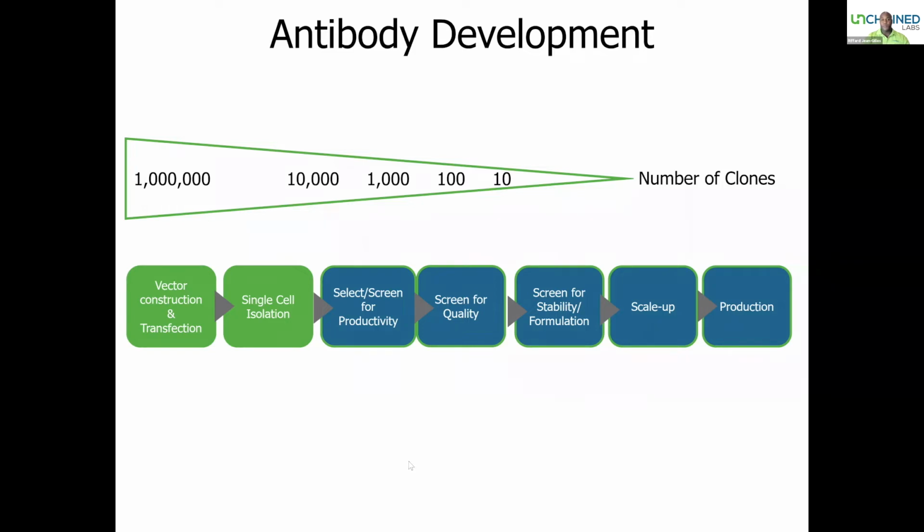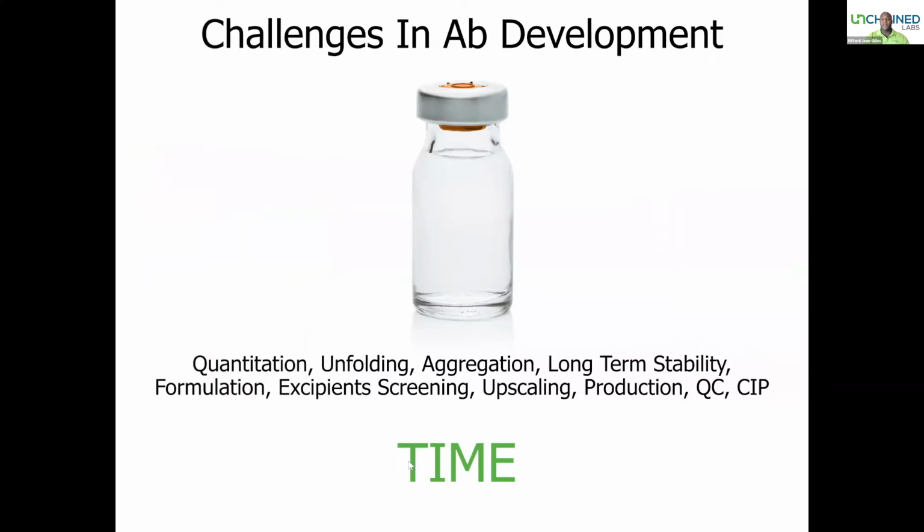Okay? When we think about antibody development, there are lots of challenges, right? From very simple ones, which is essentially assessing the concentration, right? So quantifying them, to much more interesting ones where you have to look at the unfolding properties of your samples. Are they still folded? And therefore, are they still therapeutically valid? Do I have an event of aggregation that I have to be mindful of, but also long-term stability?